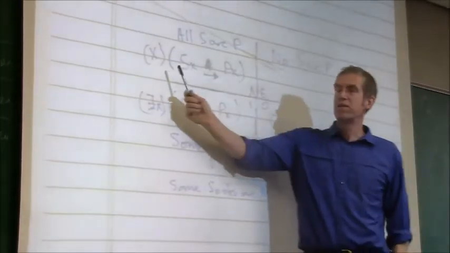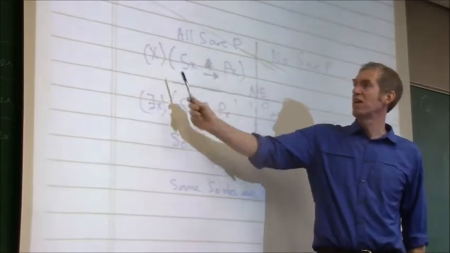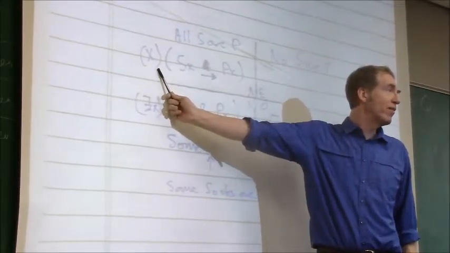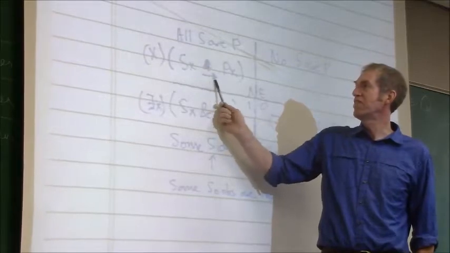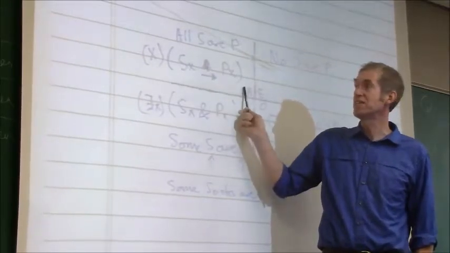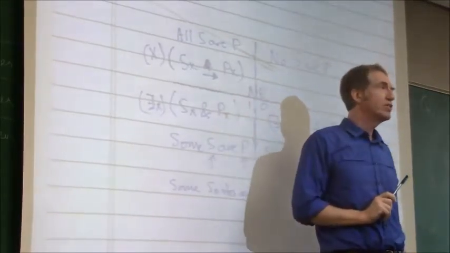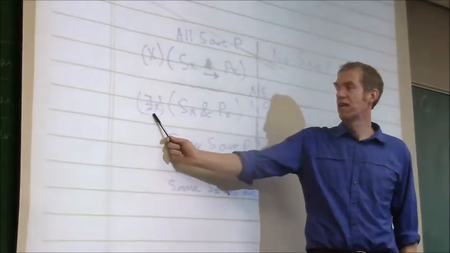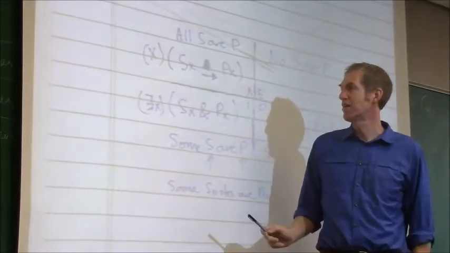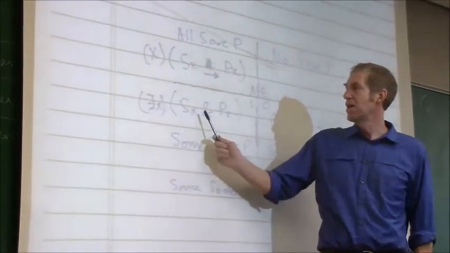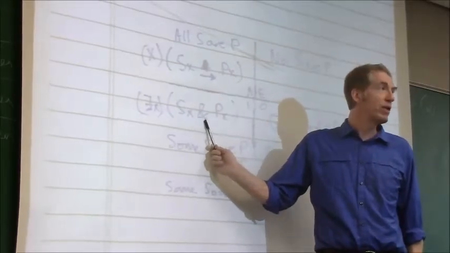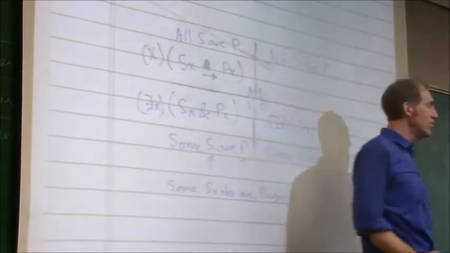So 9 times out of 10, when you see the universal quantifier, you know that if there is a connective in the scope of it, that connective will be a conditional. If you see the existential quantifier, 9 times out of 10, probably more than that, the connective in its scope will be the ampersand. Now, there isn't always a connective.